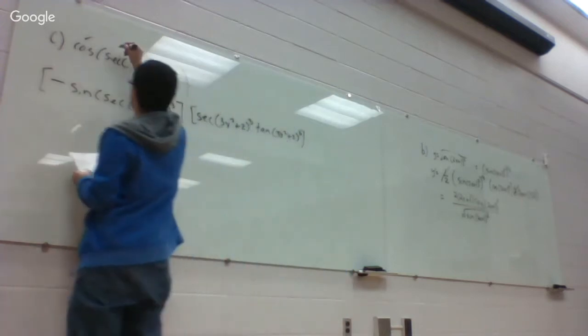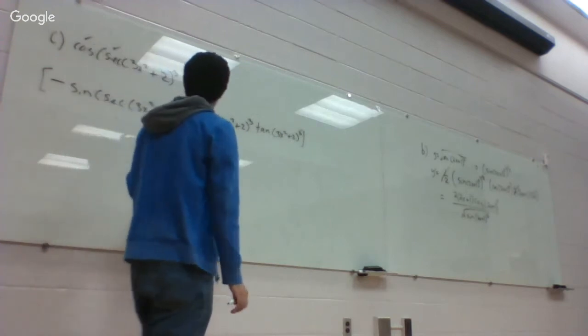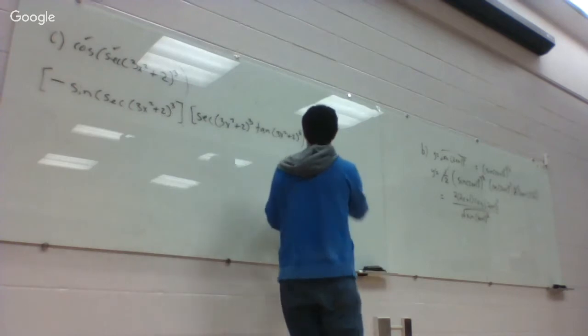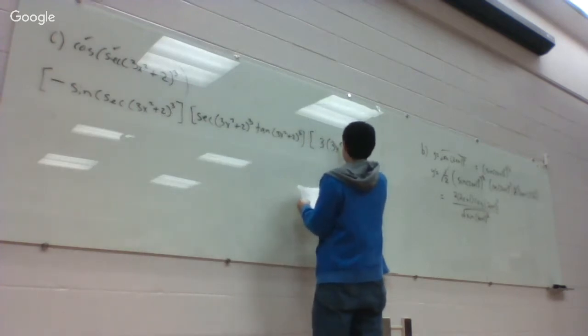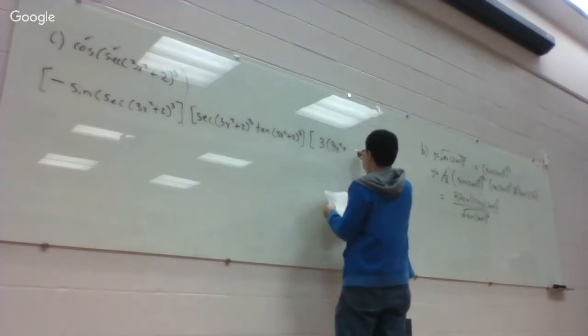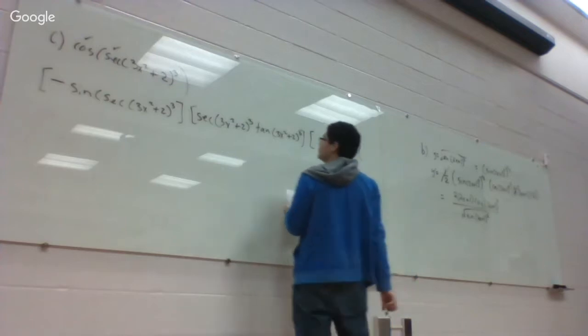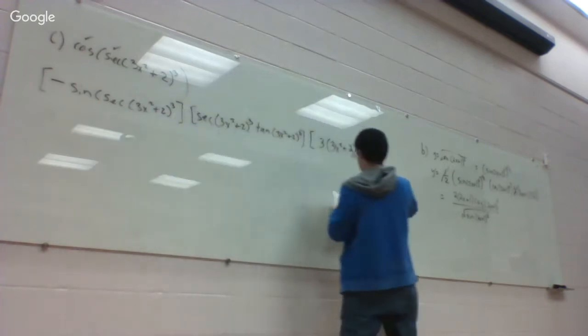So we did secant. What's the derivative of 3x squared plus 2 quantity cubed? Yeah, so 3 times the quantity 3x squared plus 2, that quantity squared. What's the derivative of the inside? 6x.